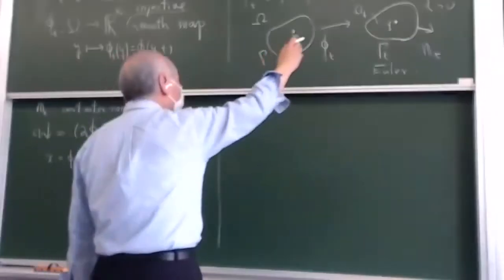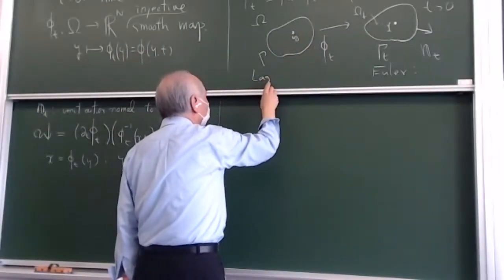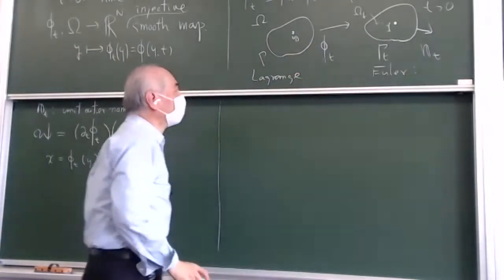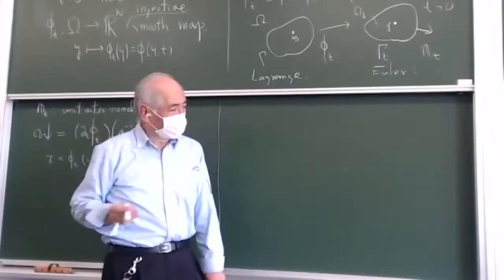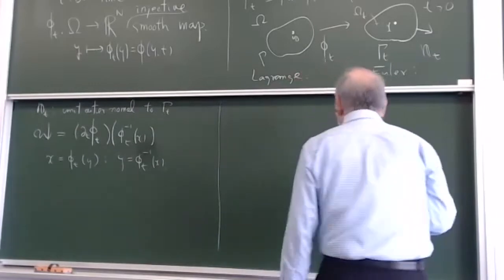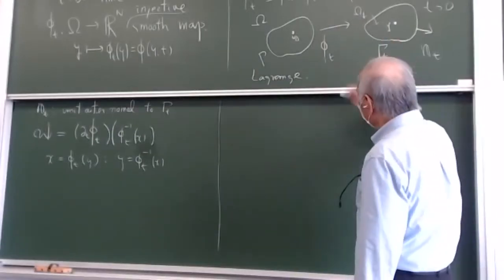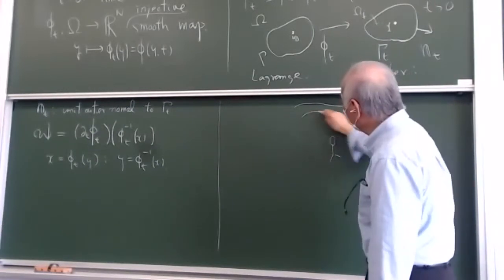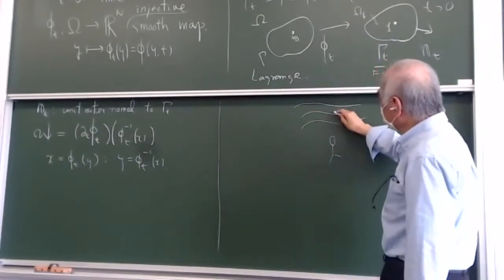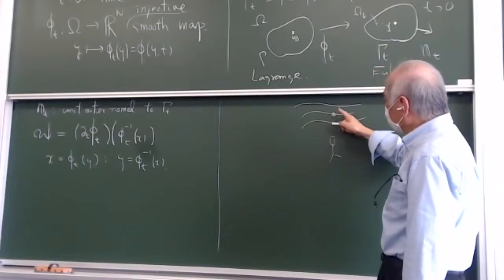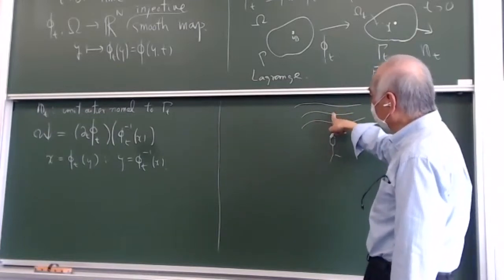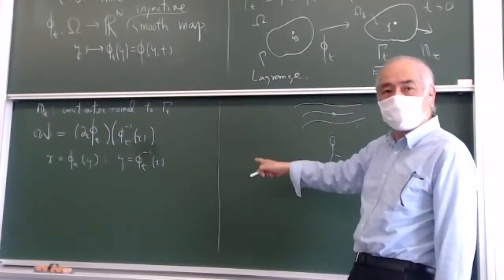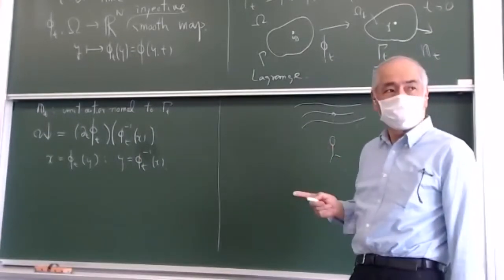So this is the correspondence of Lagrangian and Euler. Usually you stay in the Euler coordinate, you look at the flow, and then you can ask where this point comes from. This is the Lagrangian and Euler correspondence.